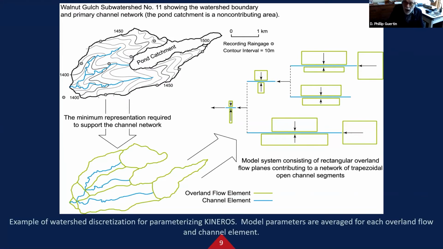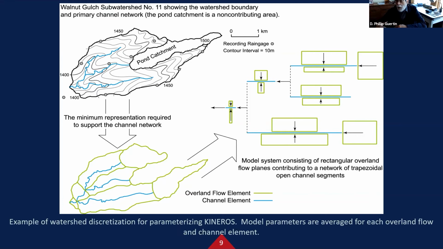I might add, KINEROS is physically modeling flow down each one of these modeling elements, those are the green boxes. We are also modeling flow down the channel. We have simulation nodes placed down the channel, so we're adding water as we move down the channel.